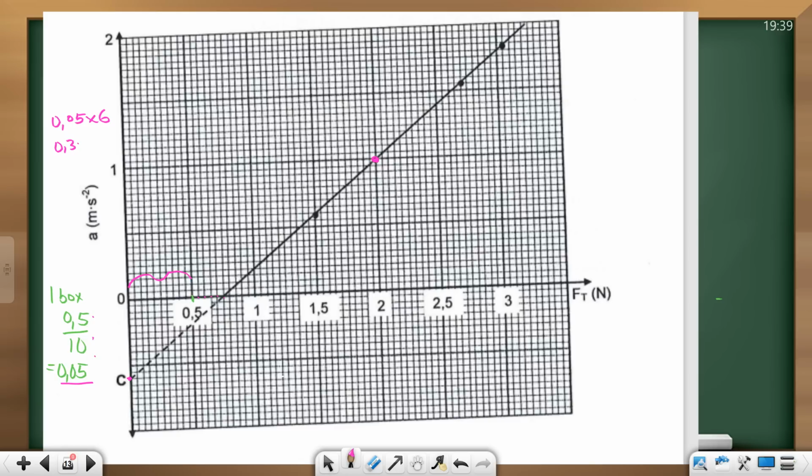Okay, let me quickly make a point here. Please, when you read this, don't just read the black points, because we're drawing what you call a line of best fit. Don't go with the black dot if the black dot is not on the line. We're reading points that are on the line.